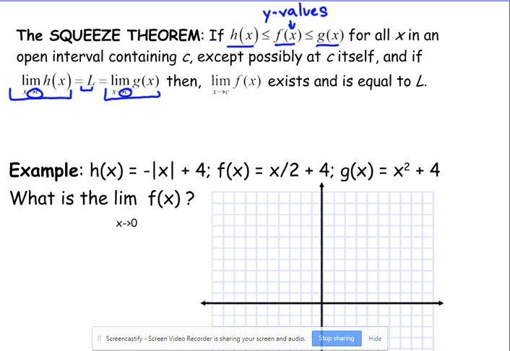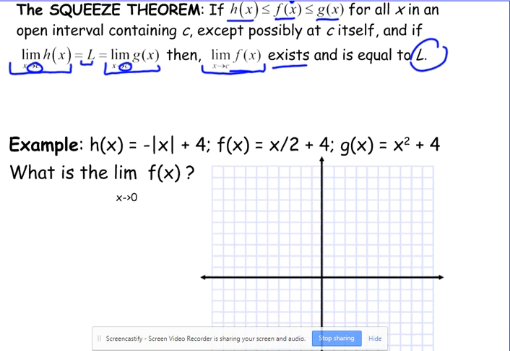What the squeeze theorem says is if these conditions are true, if your y values are in the middle and you got these limits that equal the same thing, then you know that the limit as x approaches c of f of x exists, and it's the same limit as the limit of the other functions. Now, I don't expect that to make sense with that explanation. Let's look at an illustration.